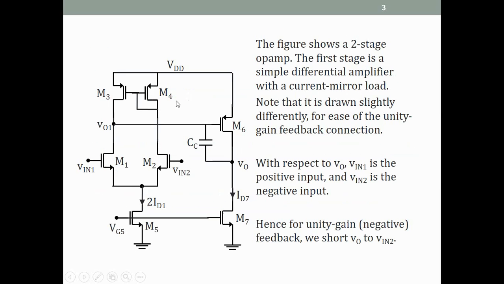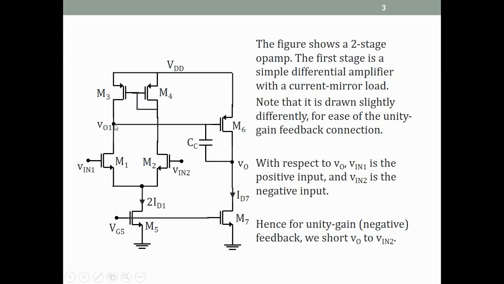Alright, so we look at the simple two-stage op-amp with a simple differential amplifier as the first stage. By the way, this circuit is drawn slightly differently than what is conventionally drawn. Conventionally, the diode connected transistors are drawn on the other side, but to facilitate unity gain connections, as Razavi also does, this is drawn this side.